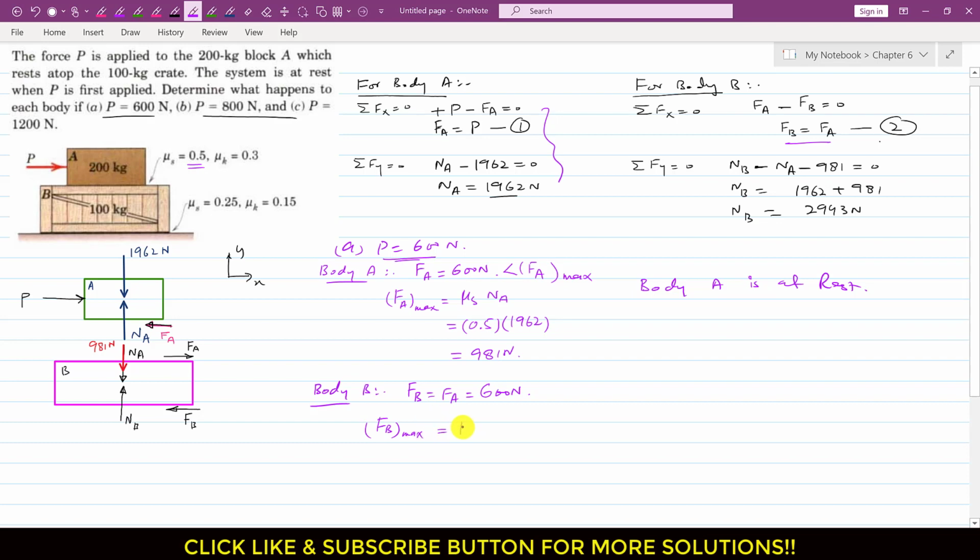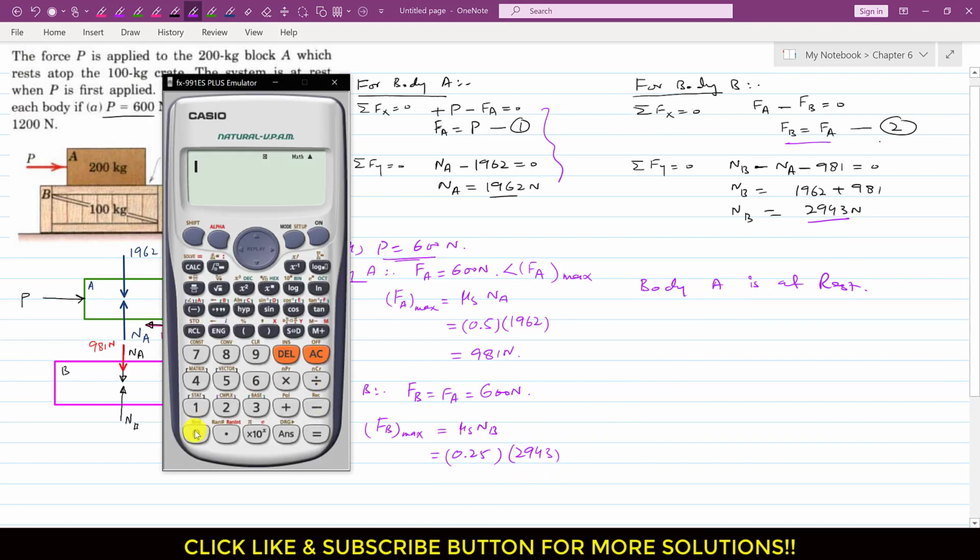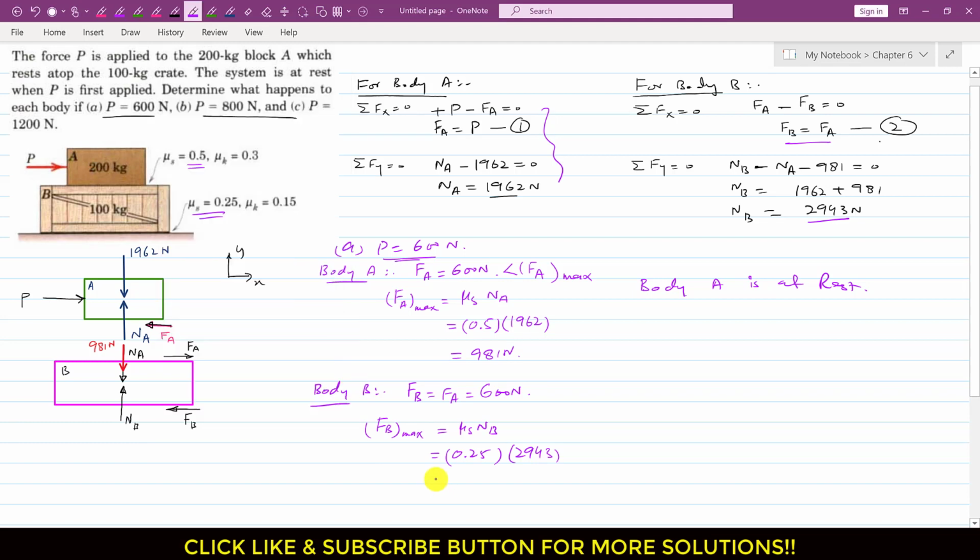Fb max will be equal to mu s times Nb, and mu s for block B is 0.25. So this is 0.25 into Nb, and Nb is 2943. So 0.25 into 2943 is 735.75.